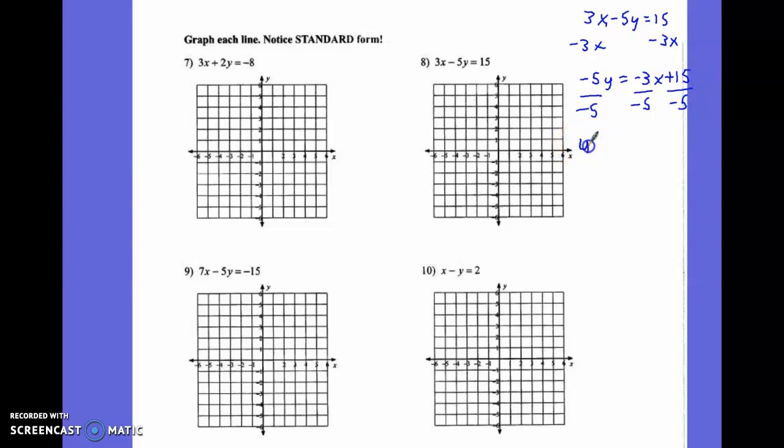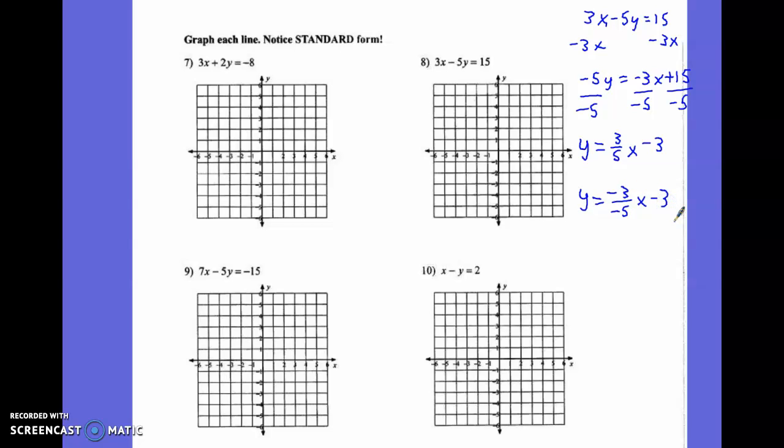which will then become y equals, now here if you want to change this to positive you can and call it 3 over 5 x, and 15 divided by negative 5 would equal negative 3, or you can leave it as y equals negative 3 over negative 5 x minus 3.